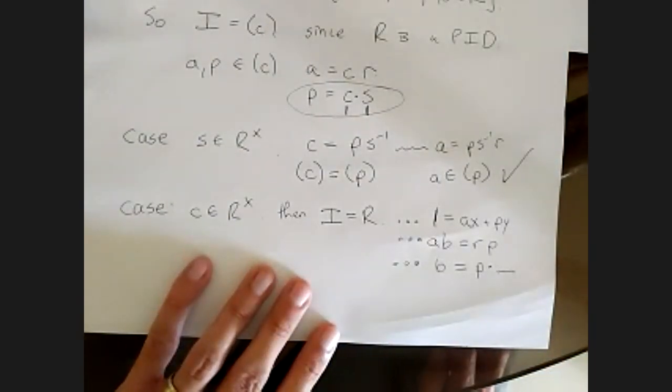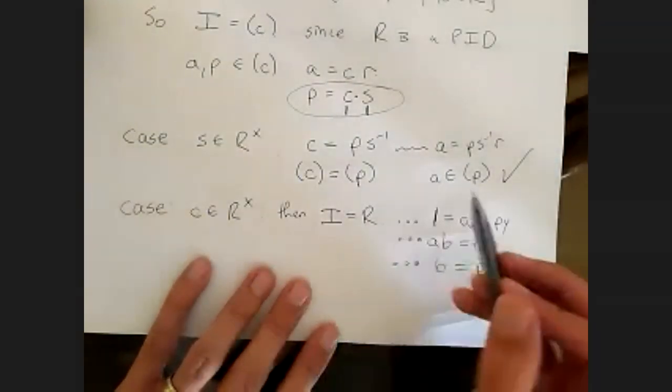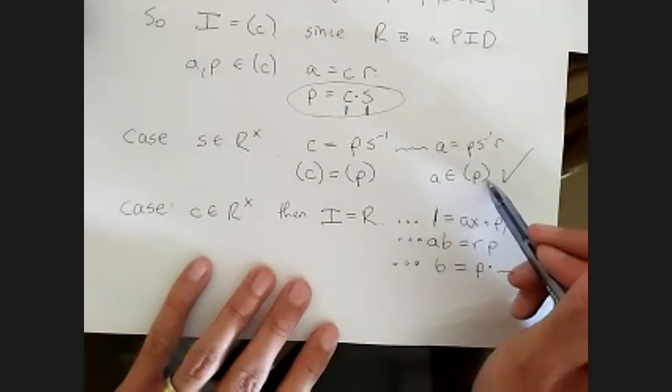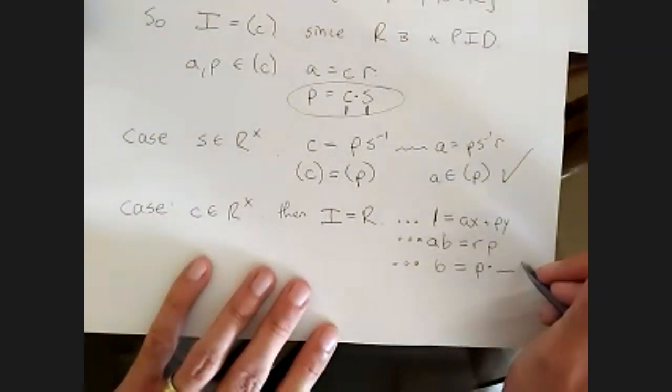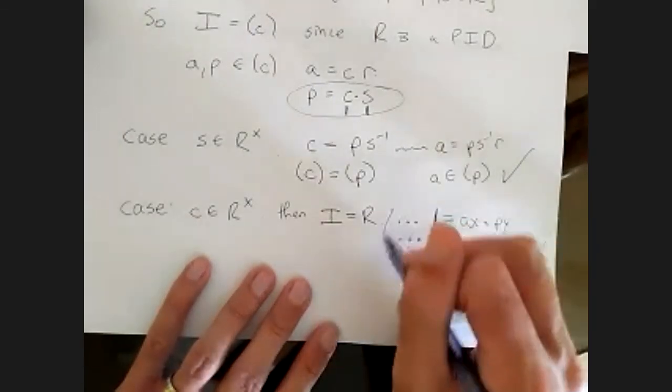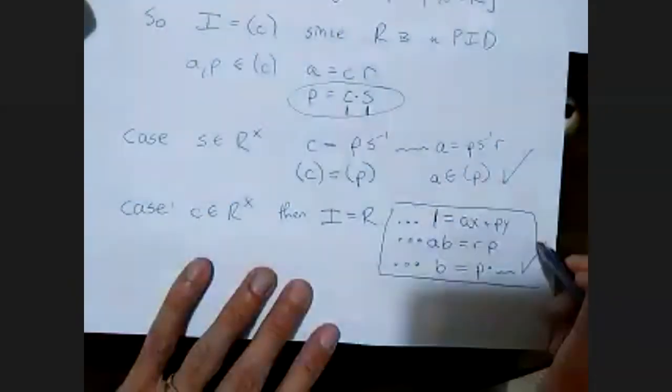Okay. So if S was a unit, then A is a multiple of P. If C is a unit, we see that B is a multiple of P, and either one of those is fine.